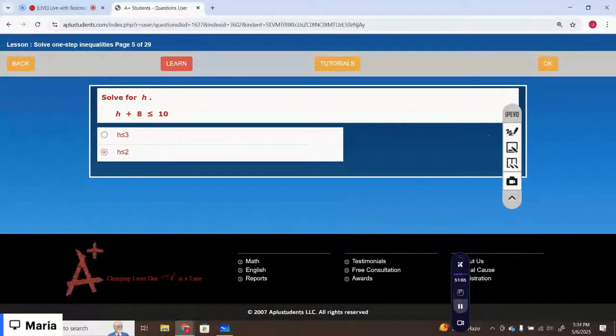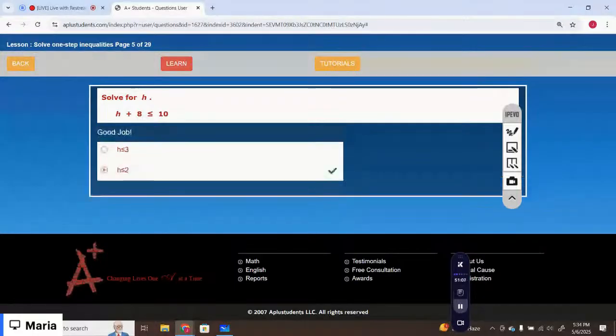H is less than or equal to 2. Option number 2 is the correct option.